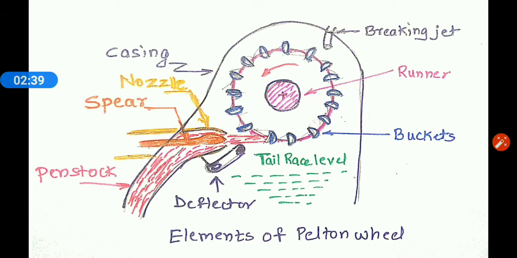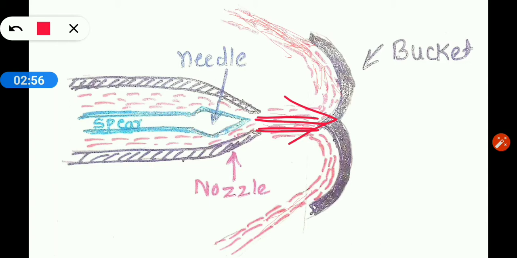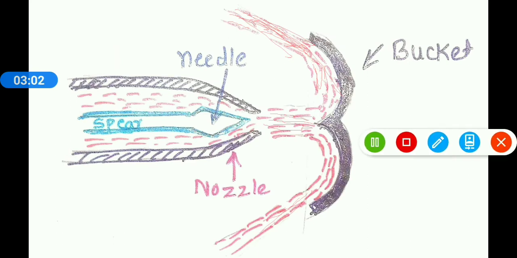Buckets have a semi ellipsoidal shape like this. Buckets are like this. The water comes out from the spear and nozzle and then strikes the bucket, and over here there is a splitter.